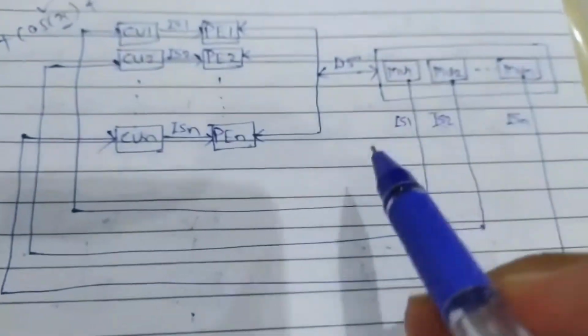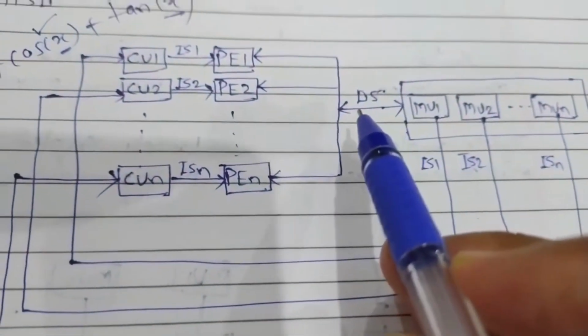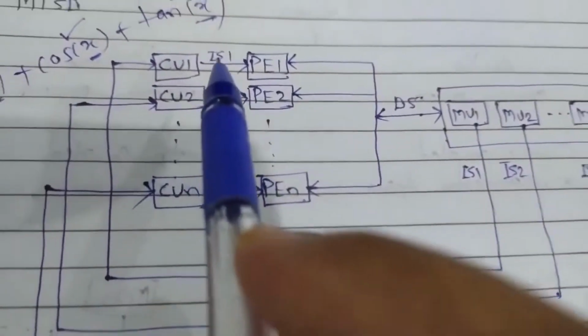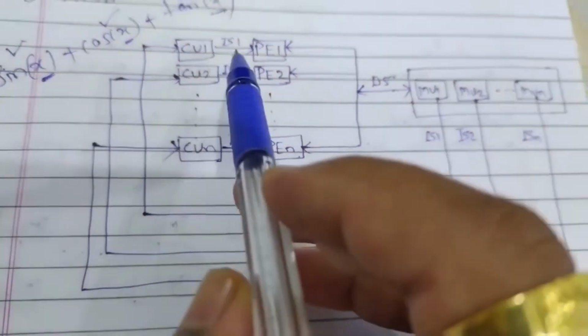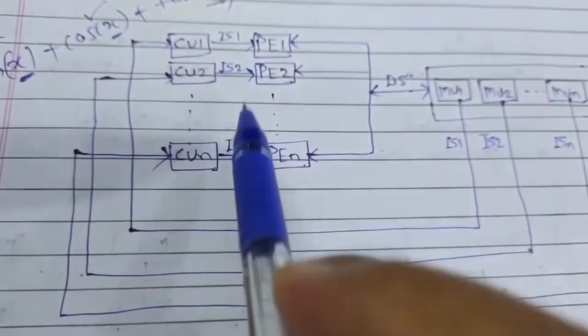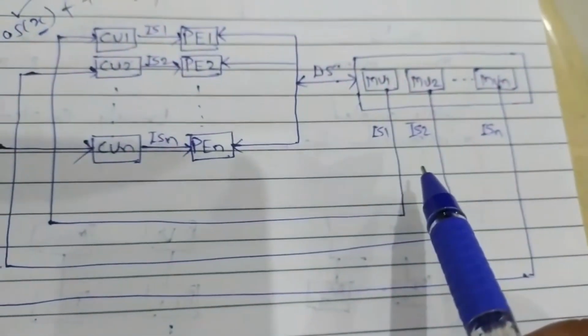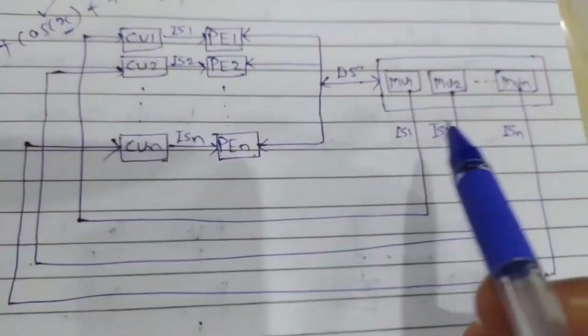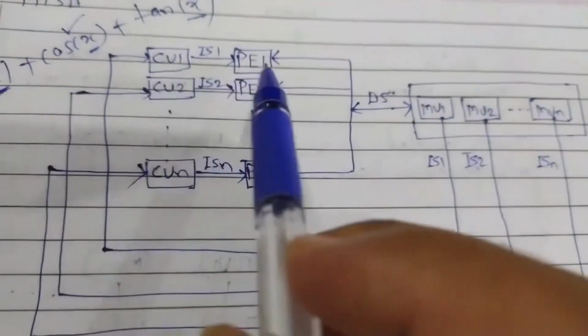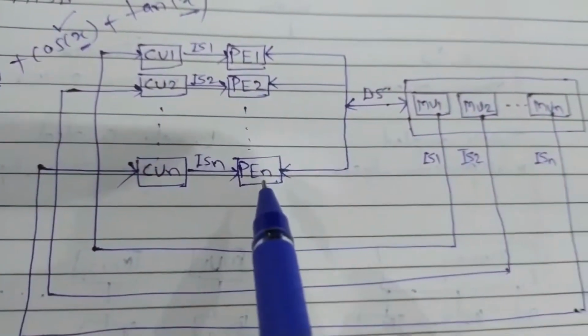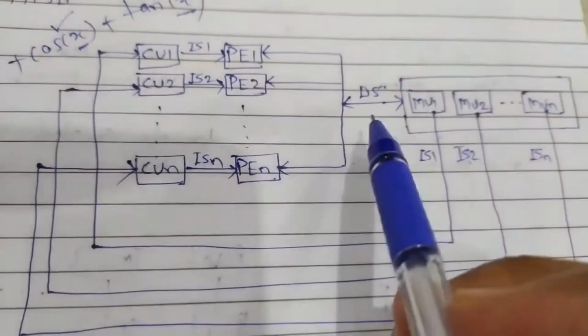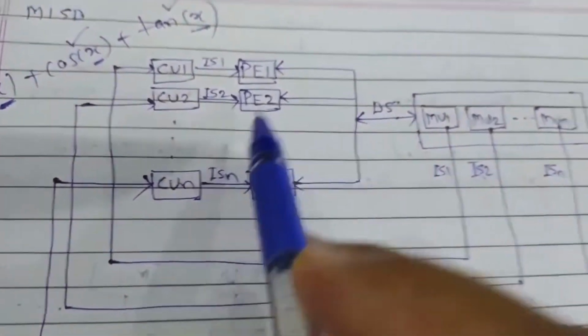So the same data will be provided, while there will be multiple instructions. Different instructions will be there, and those instructions are fetched from the memory. The control unit will take instructions from the memory, and that will be given to the processing elements, and the processing elements will take the same data from the memory. It will execute and again return back to the memory.